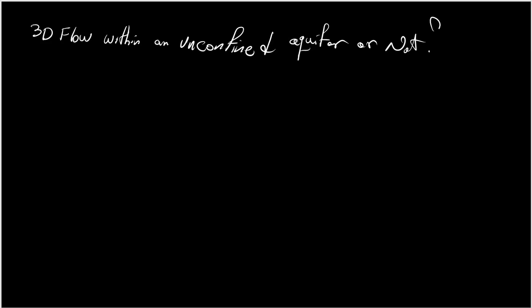This is a very valid question. We said that unconfined aquifers are technically 2D groundwater problems, and the reason for saying that was everything was related to Dupuit's assumptions, right?